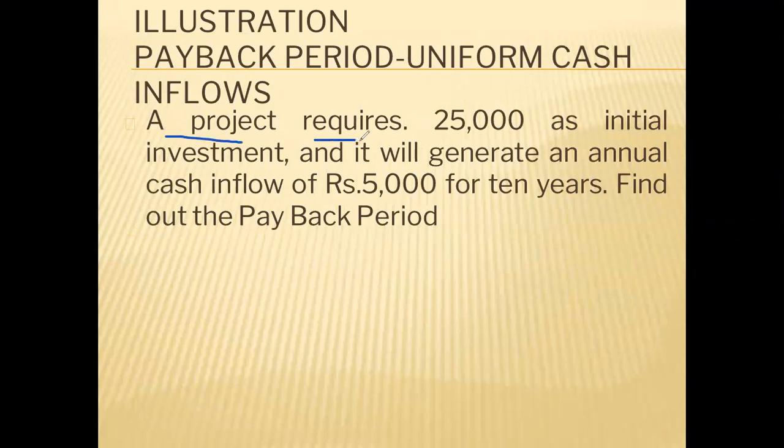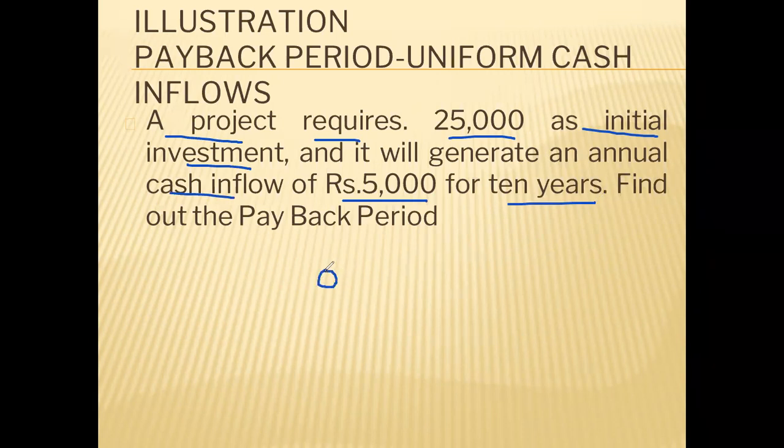A project requires 25,000 as the initial investment. Okay, so to invest in that project, initially you will require 25,000. This is the investment you require for making in the project, and this project will give you 5,000 rupees inflow every year for 10 years.